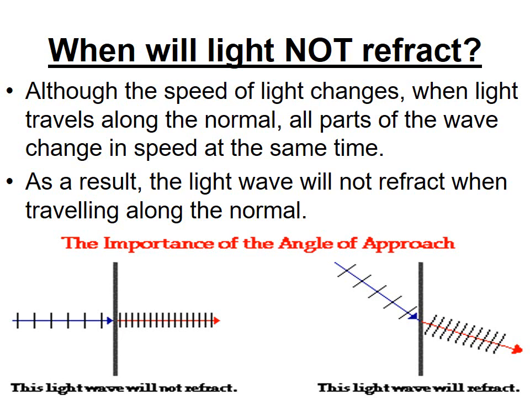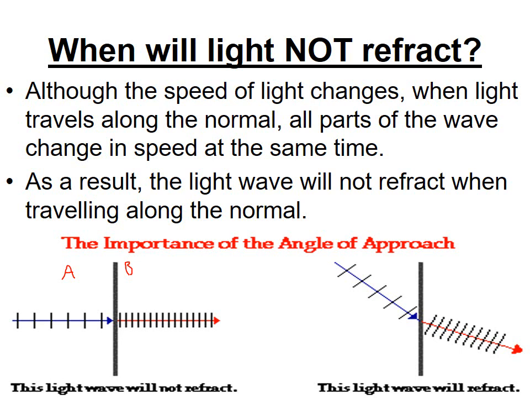So the other situation in which light will not refract, even if you do have two different media, so let's say this was medium A and medium B, and they were actually two different ones, is when the light ray is actually traveling along the normal.